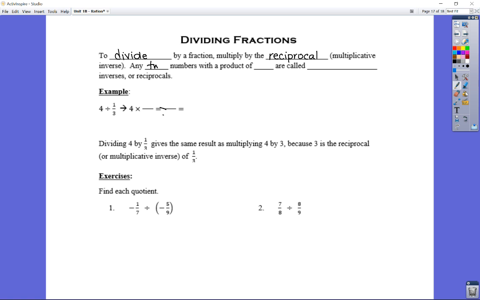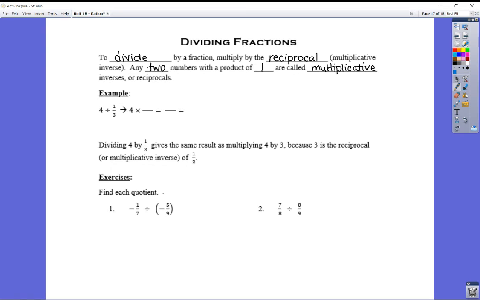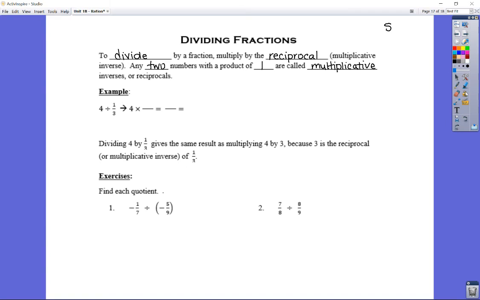Any two numbers with a product of 1 are called multiplicative inverses or reciprocals. In 6th grade, we referred to this as stay, change, reciprocal.